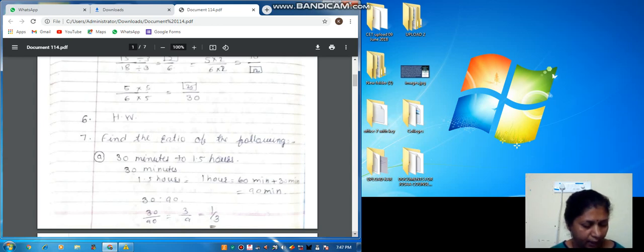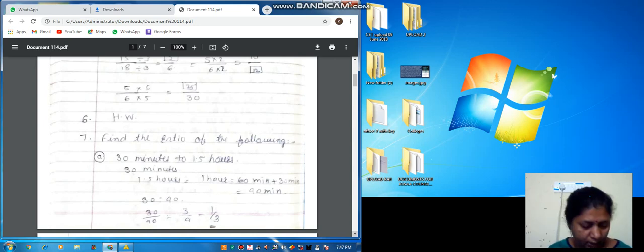There are four small examples, sub questions, but it is so easy. See 81 upon 108. Find the number which can divide numerator and denominator. So the ratio will be 81 upon 108, right? I think 3 will divide numerator and denominator. So divide by 3 and get the answer. If any other number can divide numerator and denominator, you have to divide and simplify the ratio.